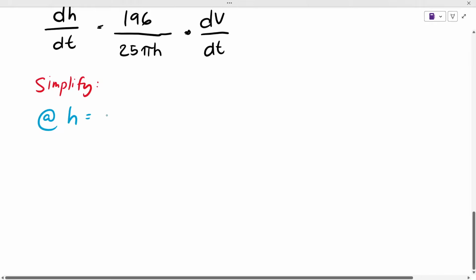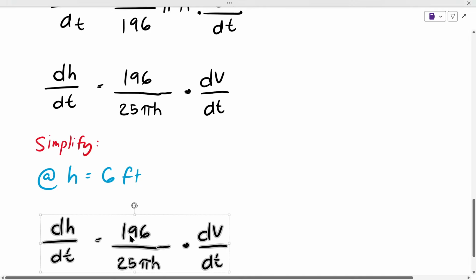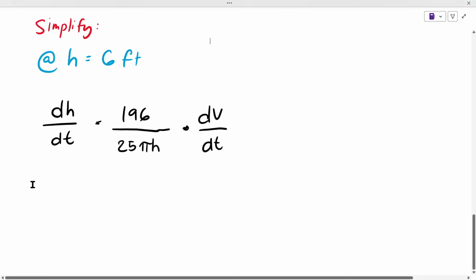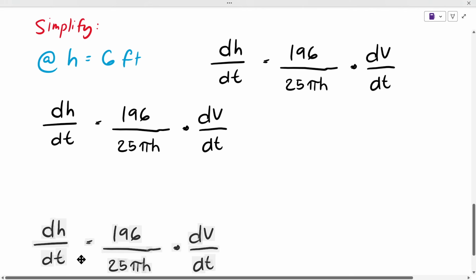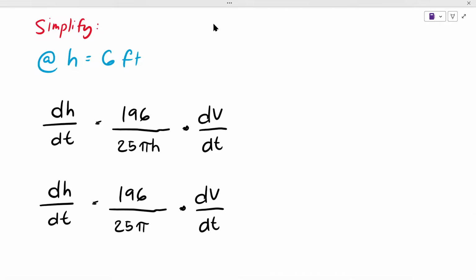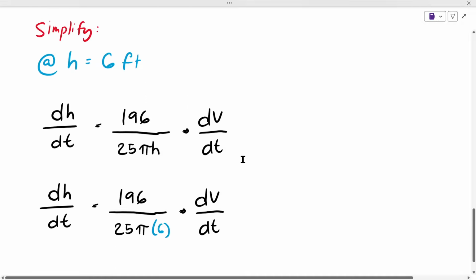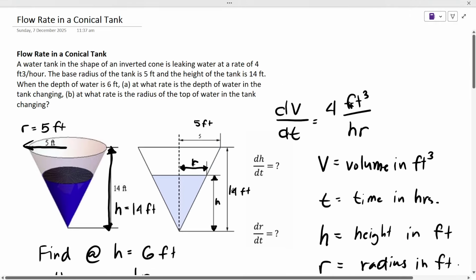At h equals 6 feet, this gives us 6. And then dV over dt, that is 4.